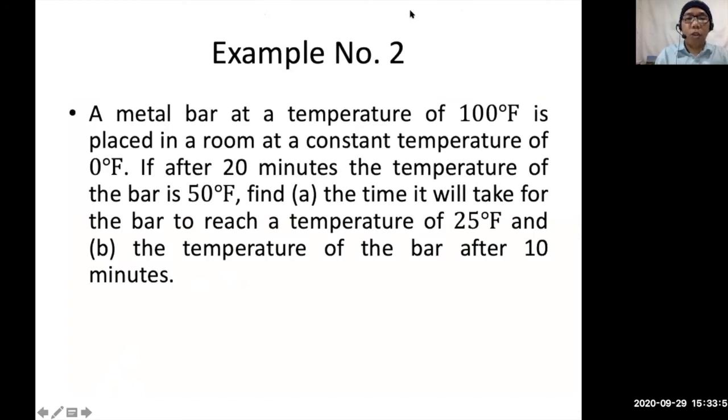Now, I'll be showing you a different way to solve this problem. So kanina, medyo mahaba yung problem. Ito, bawasan ko ng konti. Gawin ko na lang na hindi ko na isosolve yung mismong arbitrary constant, K na ako diretso. Sige.